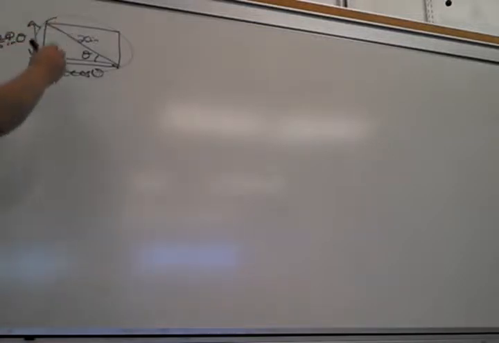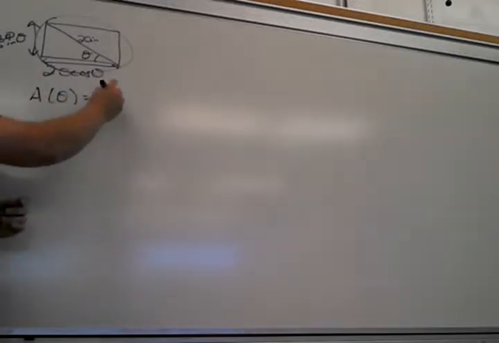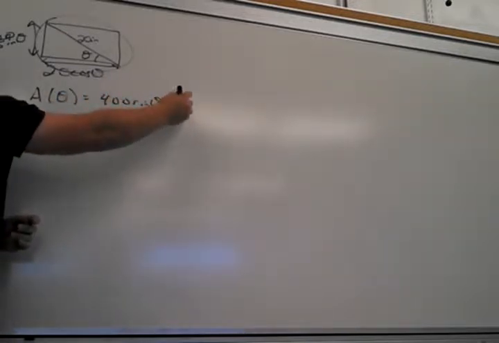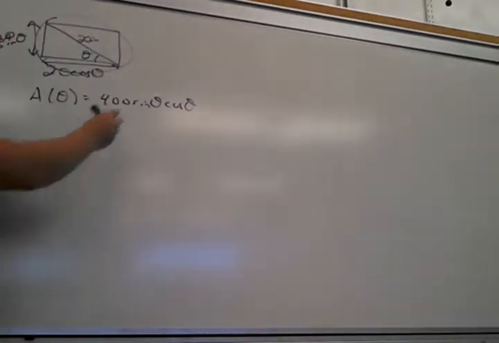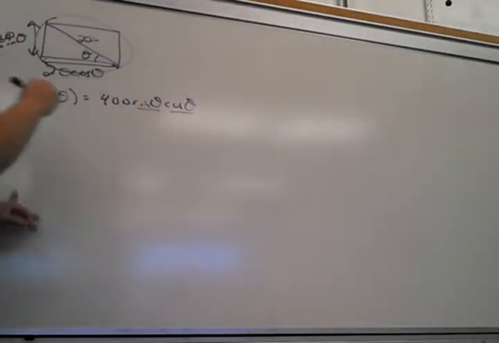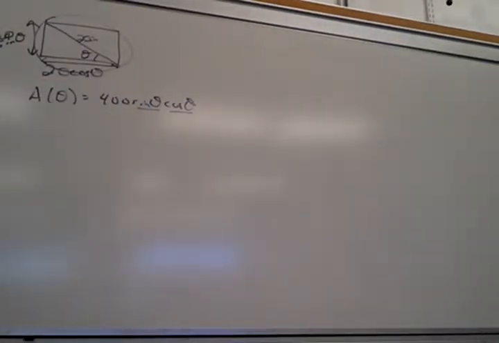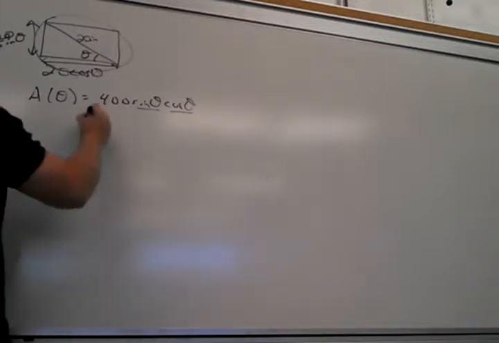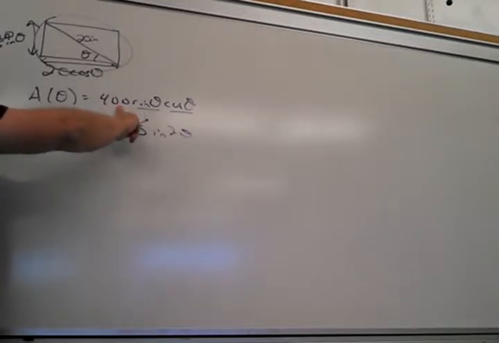So what do you get for the area then? 400 sine theta cosine theta. Now of course, what do they have? 200 sine 2 theta. Because what do we know about sine theta cosine theta? What's that related to? What's the identity? The double angle for sine. 2 sine theta cosine theta is sine 2 theta, right? And that's what they have in the answer. So if I put a sine 2 theta here, I need to borrow a 2 from this guy.